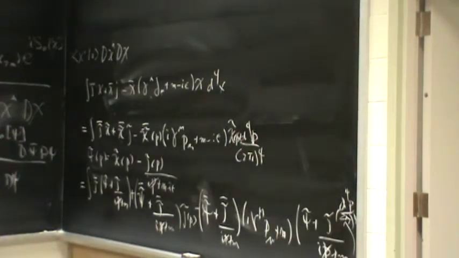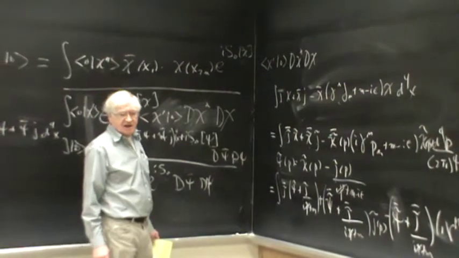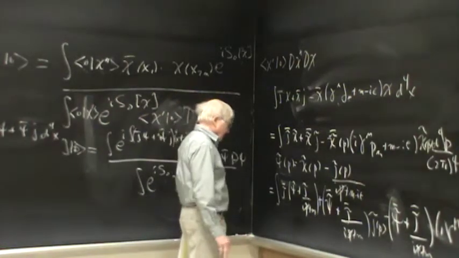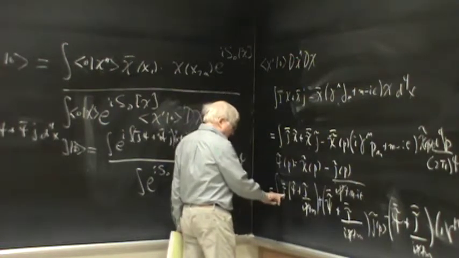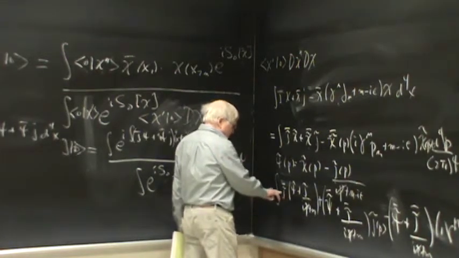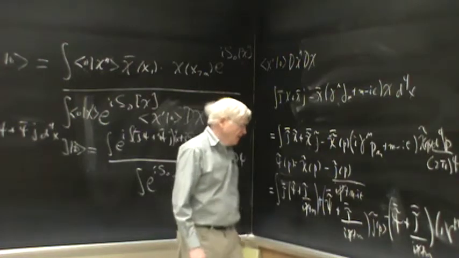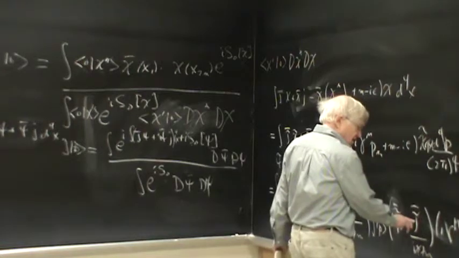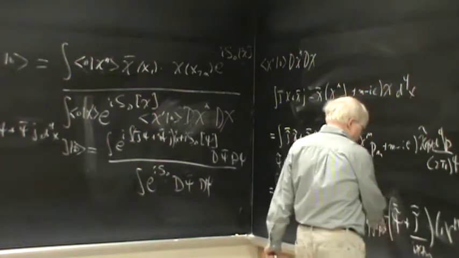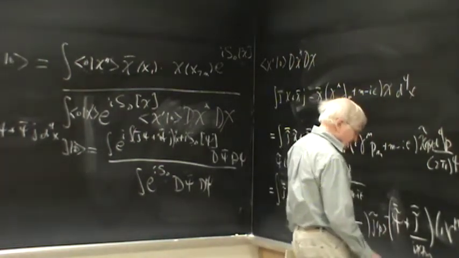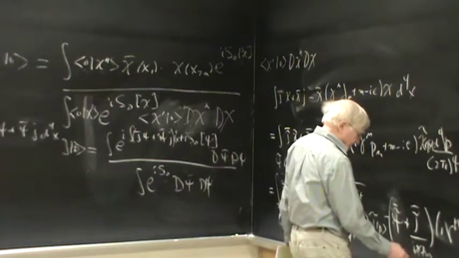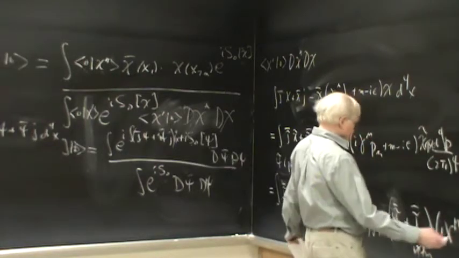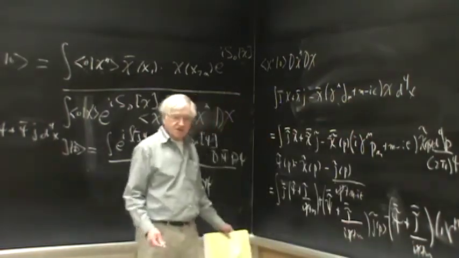But what you can see here is that the linear terms in j cancel. In other words, one linear term here is j bar psi. Over here, we have a j bar psi with a minus sign, and so the linear term cancels.